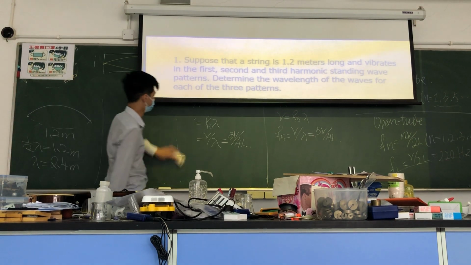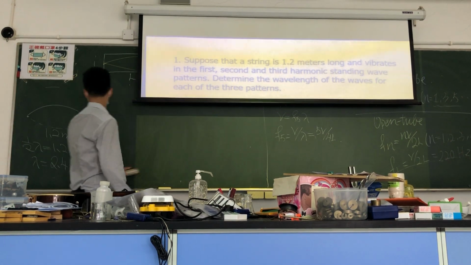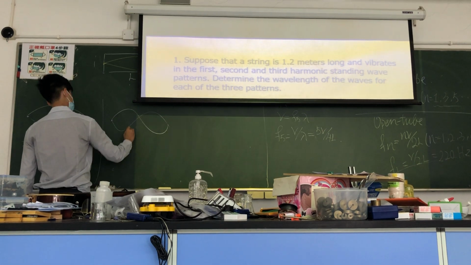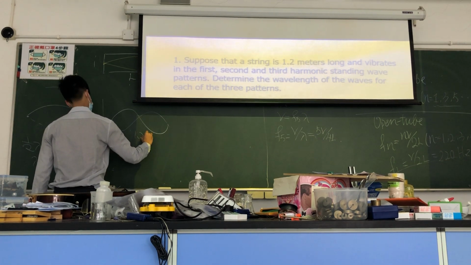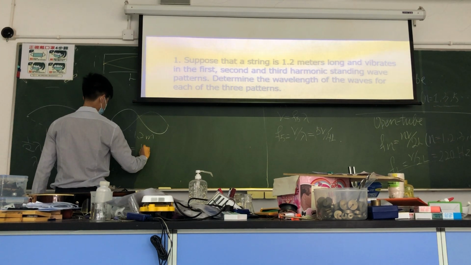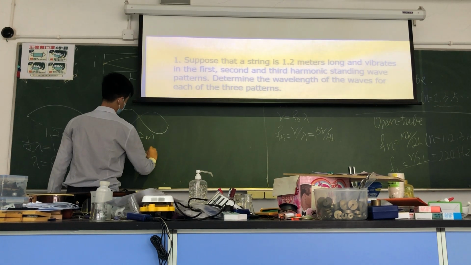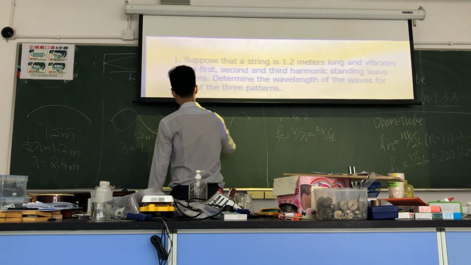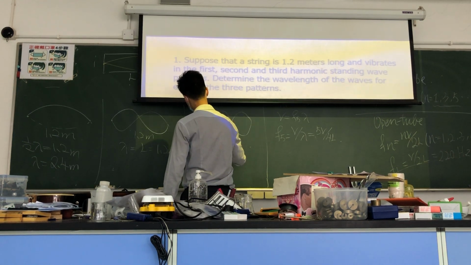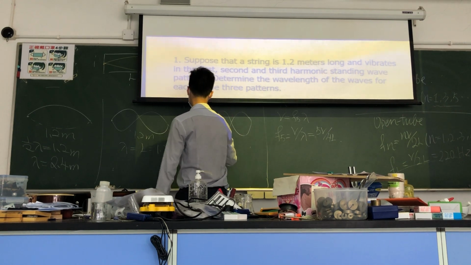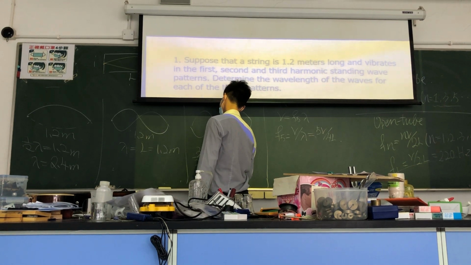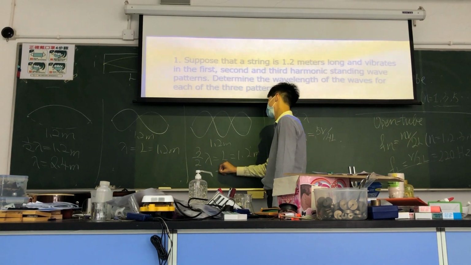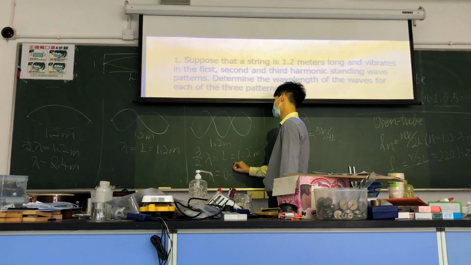Okay? So for the second harmonic frequency, so again it's 1.2 meter. So in this case, lambda equals to L equals to 1.2 meter. So for the last case, here is 3 over 2 lambda equals to L equals to 1.2 meter. So lambda equals to 0.8.